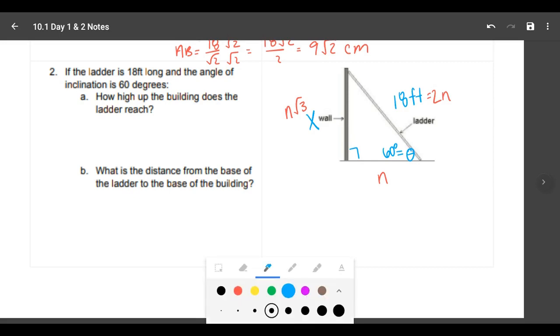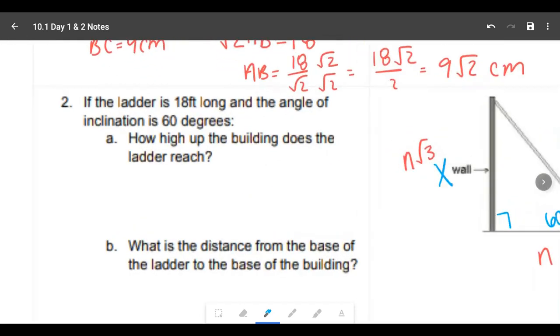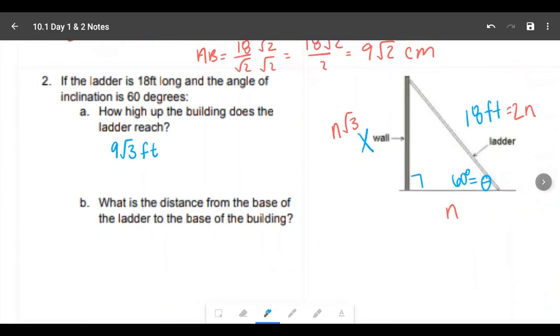So when I'm answering A now, how high up the wall does the ladder reach? Well, that's just going to be, if n is 9, that should be 9 root 3 feet. And since this is a word problem, I'm not going to leave that in radical form because that doesn't make sense.